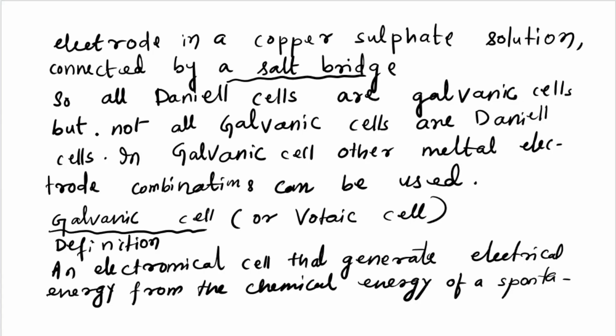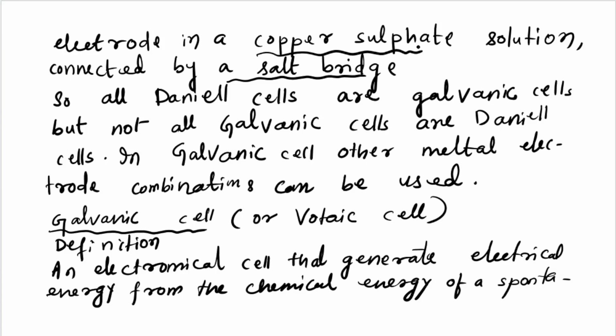So all Daniell cells are galvanic cells, because in a Daniell cell two electrodes are used but they are fixed: zinc electrode in zinc sulfate, copper electrode in copper sulfate.